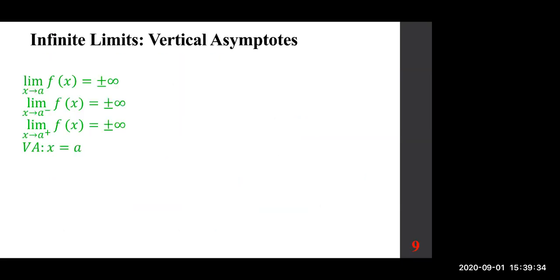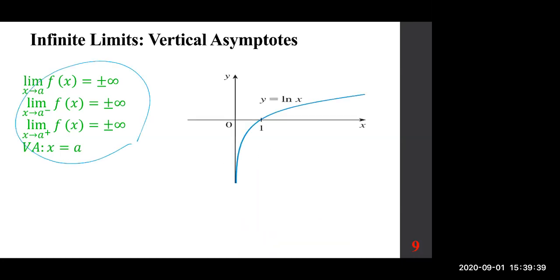So with that being the case, this is the definition that I'm going to put up. The limit of f of x when x approaches a, whether it's infinity or negative infinity, whether we approach a from the left or right, the vertical asymptote becomes x equals a. And as you know, in the case of y equals ln x, the VA is the y-axis, or x equals 0.